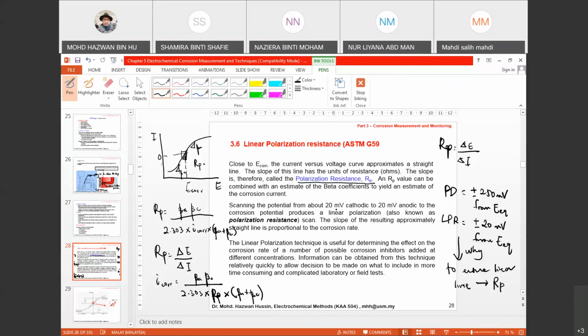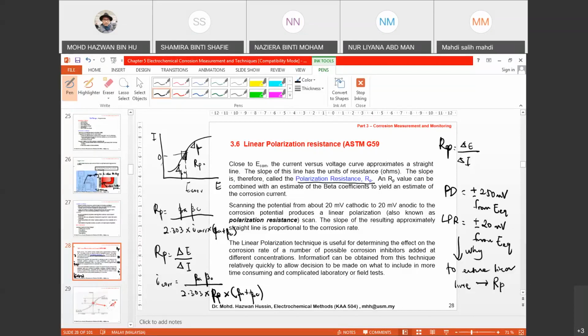The scanning of potential about 20 millivolts cathodic to 20 millivolts anodic to the corrosion potential produces a linear polarization, also known as a polarization resistance scan. The slope of the resulting approximately straight line is proportional to the corrosion rate.